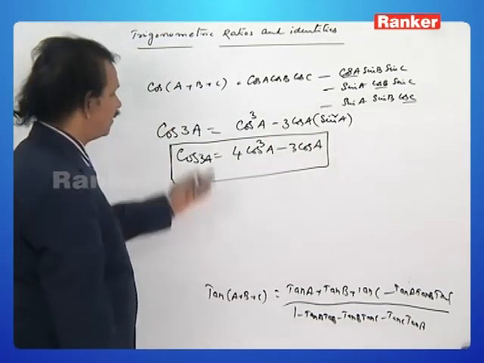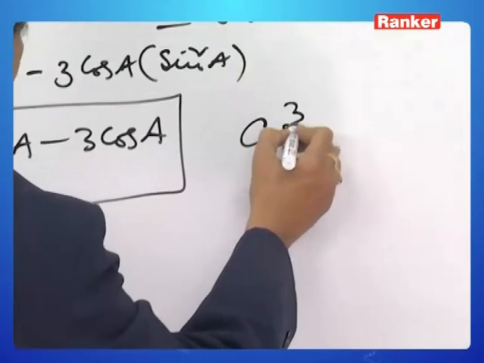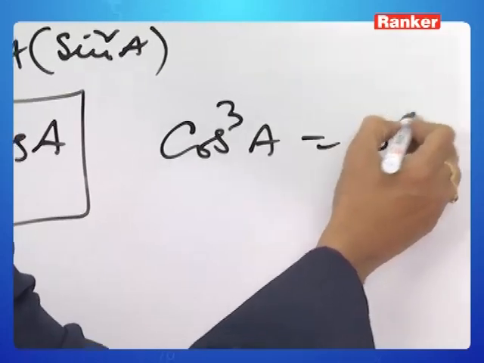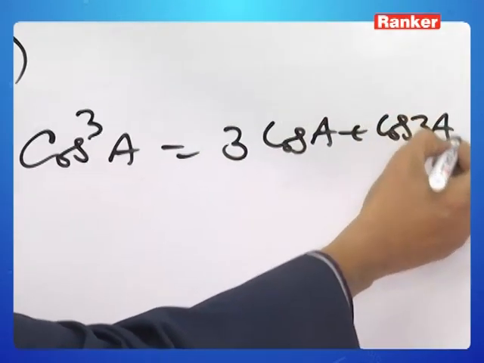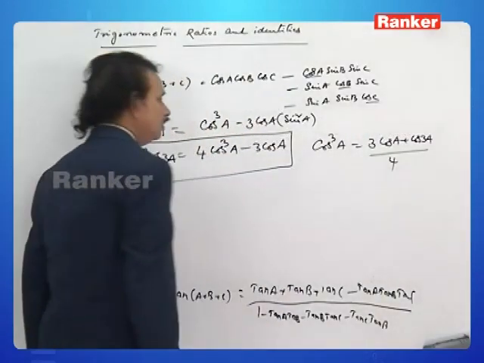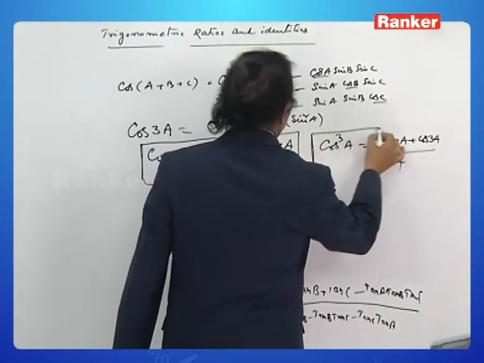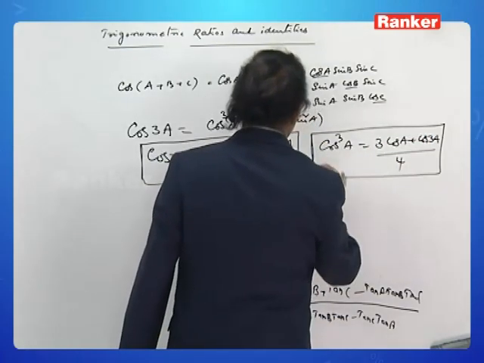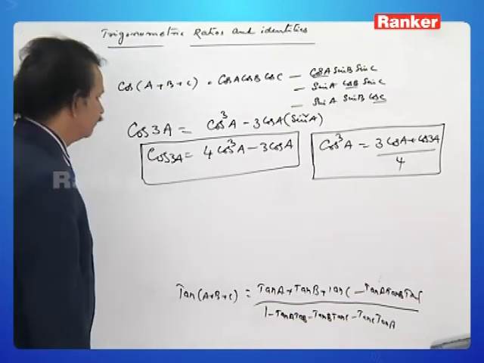Of course, from this, you can have cos cube A directly. Cos cube A is equal to 3 cos A plus cos 3A by 4. That also you can make use of according to the need of the question, need of the moment.